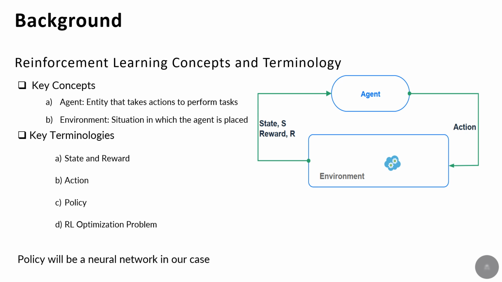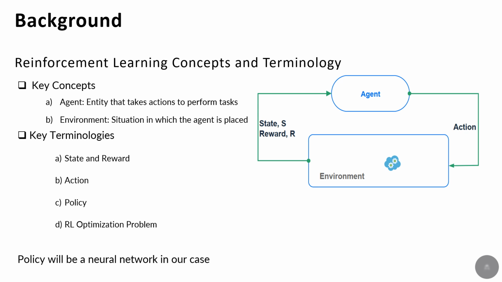So if we are to compare it with, say, supervised learning, whereby the model learns based on pre-trained data set, for reinforcement learning, the model learns from experience, okay, and mostly an uncertain input.